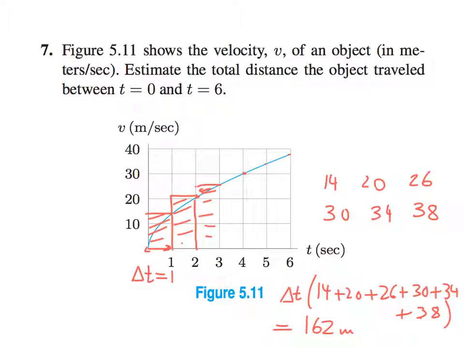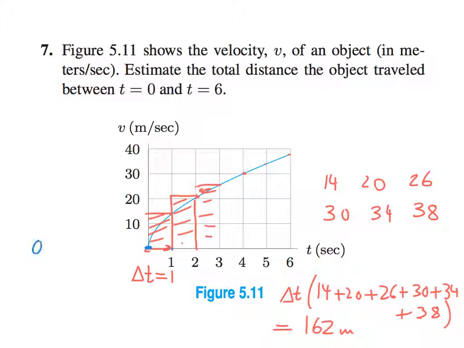What we've done here is what we call in the book a right-hand sum, because we always took the values on the right end of the interval. We could also take a left-hand sum by just looking at the values at the left end of the intervals.